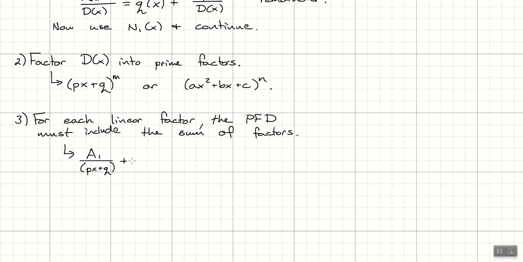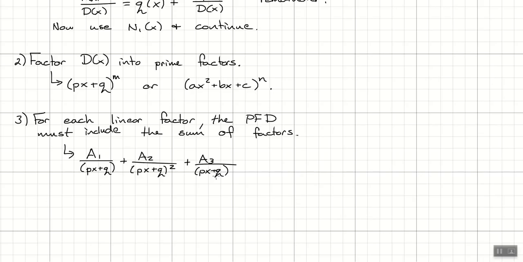I have some factors, cool. Is it possible that this one showed up 5 times, like px plus q to the 5th power? Or even to the 2nd, or m, whatever it is. When and if this happens, all that we're going to do is start building up this factor, and each step along the way, we'll just keep going until I get to the number of all of them.